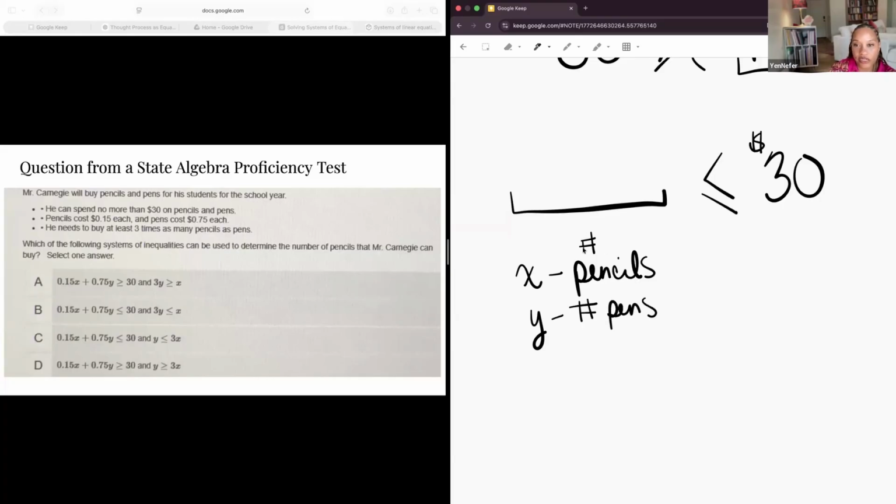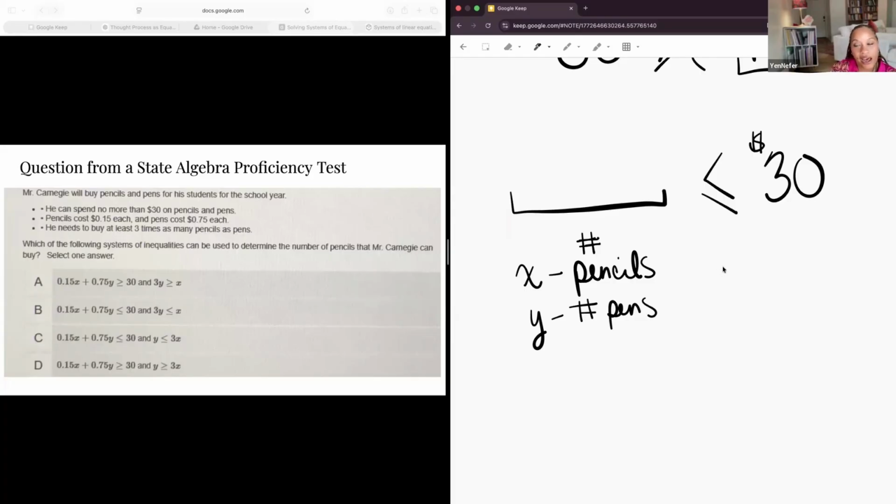How do I represent the cost of a pencil? If it's 15 cents each, you've got to ask yourself, what operation in math shows me that? Yeah, in your head, you're like, well, you're going to be adding 15 cents every time.